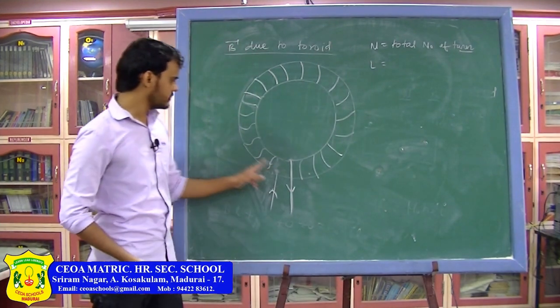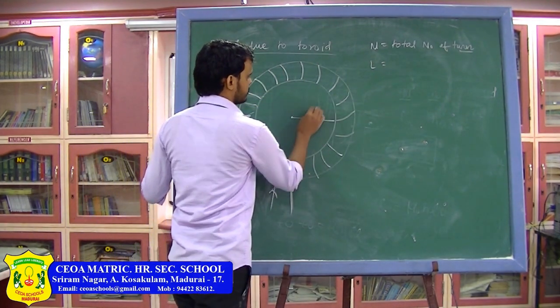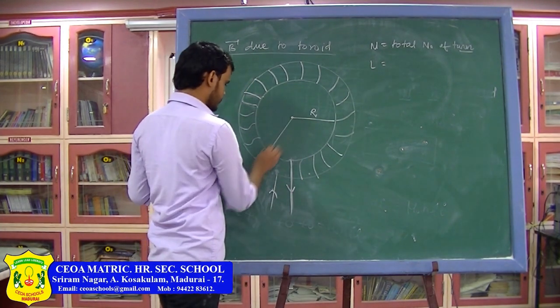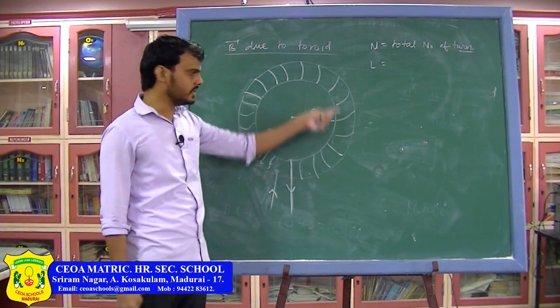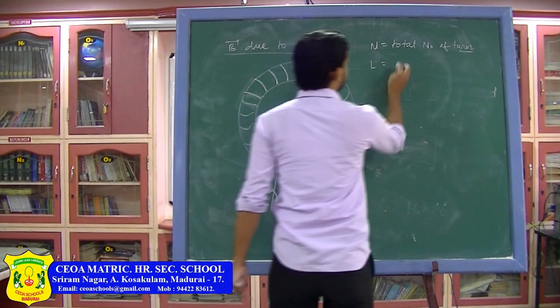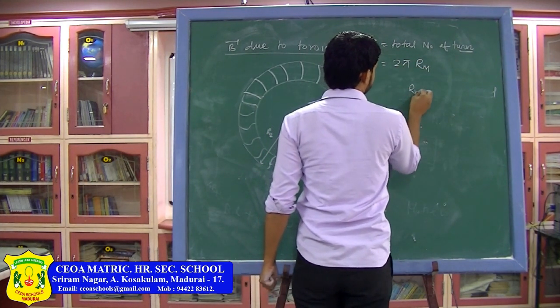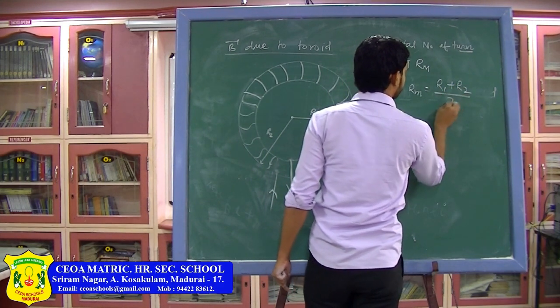Here, if you start from here to here, you can say the inner radius of the toroid is R1 and the outer radius of the toroid I am going to assume R2. So I can write the mean length of this as 2 pi Rm, where Rm can be written as R1 plus R2 divided by 2.